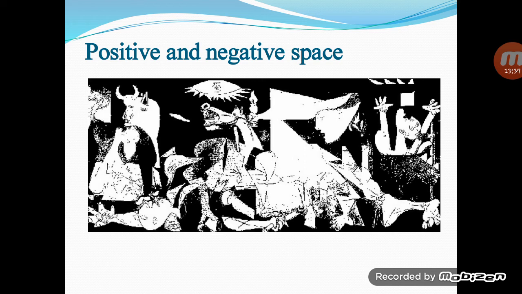His use of negative space is so strong that it is almost equal to the positive space. These interesting negative space shapes add an additional level of strength to the image.